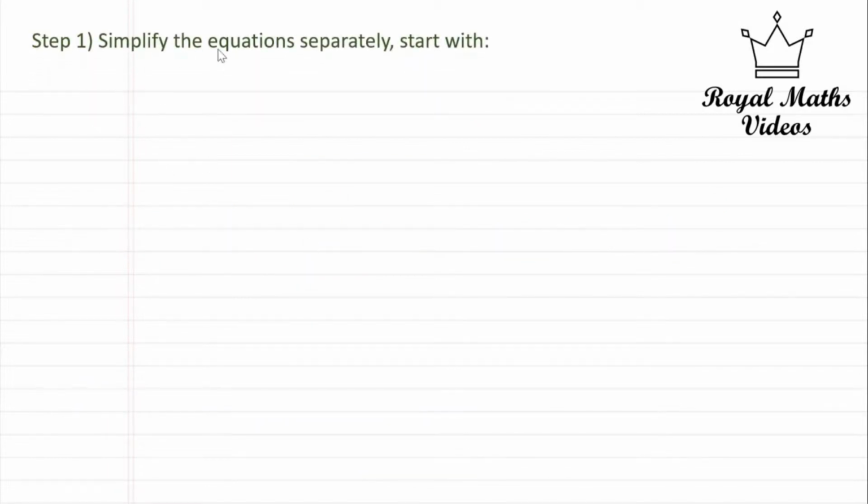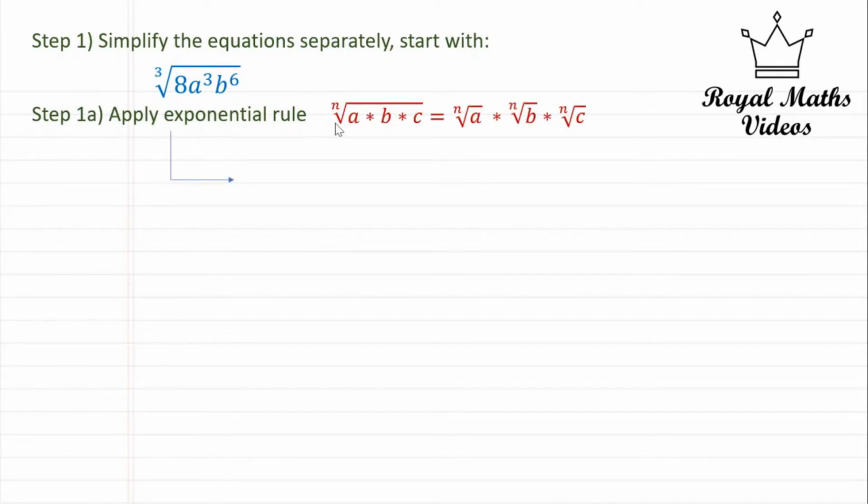So step 1 is to simplify the equations separately, starting with the first part of our problem. So it's the cube root of 8 times a cubed times b to the power of 6. Step 1a would be to apply the exponential rule: the nth root of a, b and c is equal to the nth root of a times the nth root of b times the nth root of c.